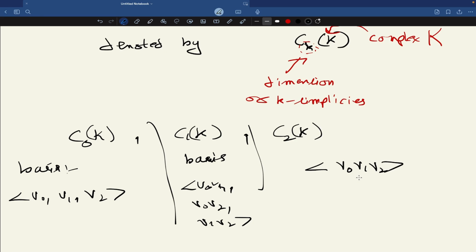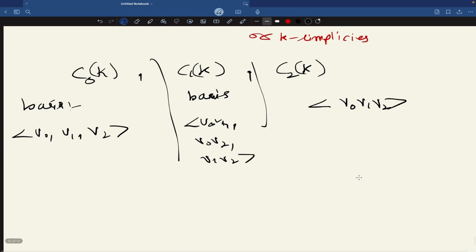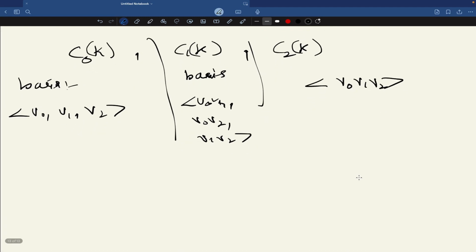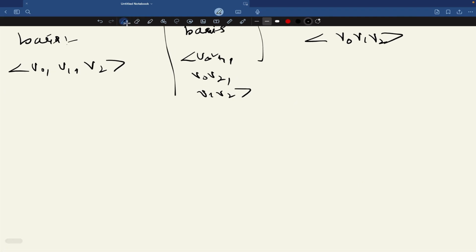Now using these bases, I can generate all the other vectors in this vector space. And we know that to generate vectors using the bases, we take a linear combination of the bases.